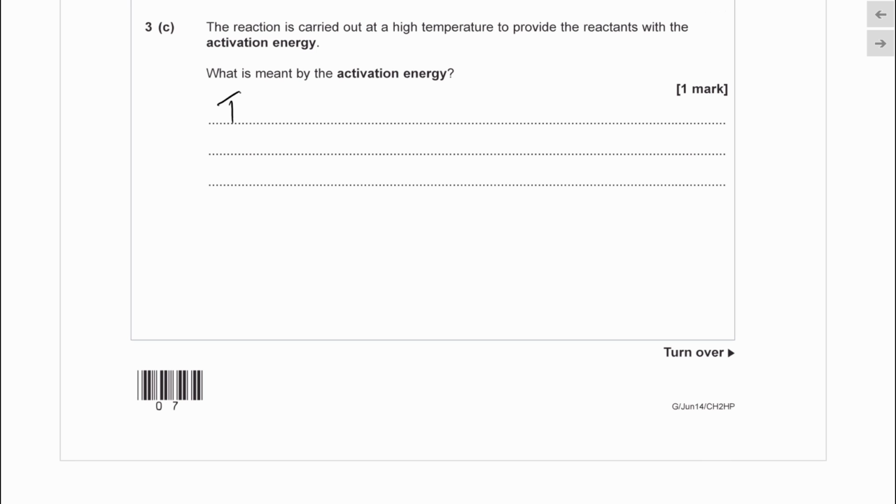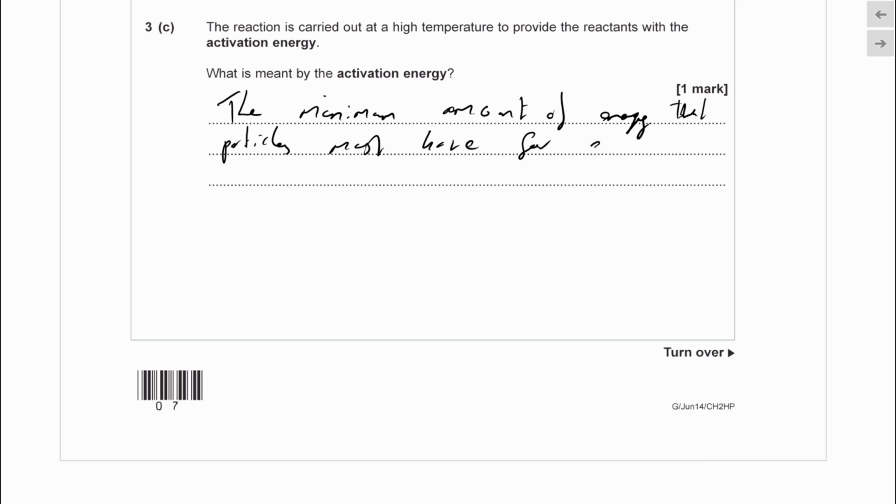This is the minimum amount of energy that particles must have for a reaction to occur.